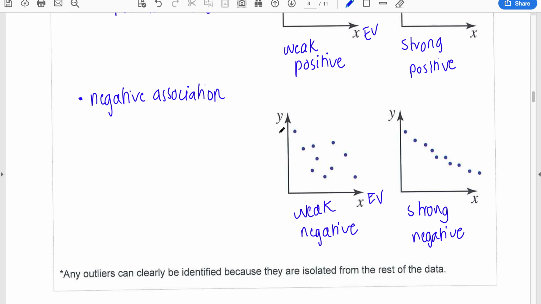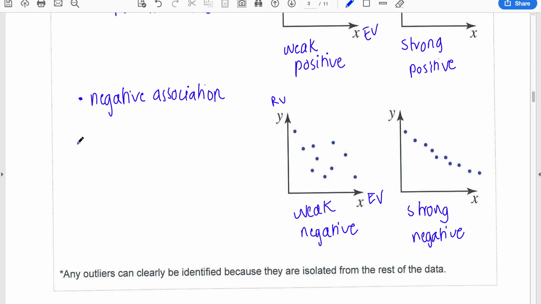But what's happening is that the RV is actually decreasing. So they're not really moving in the same direction. For example, the lowest EV value, which is this one, because it's closest to this side of the axis, actually happens to be the highest RV value. And the opposite's true. The highest EV value happens to be the lowest RV value. So this is where you've got them moving in different directions.